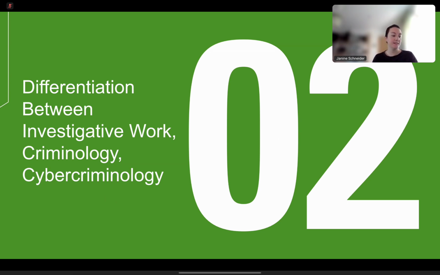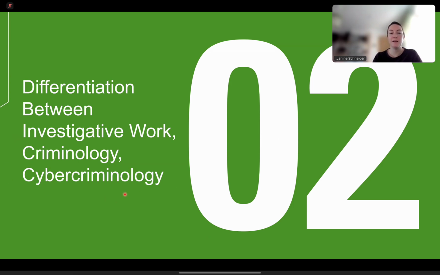Psychology, for example, is part of criminology, or sociology. Criminology tries to find out how our society, for example, drives criminal offenses and stuff like that. So that is not what we are doing.